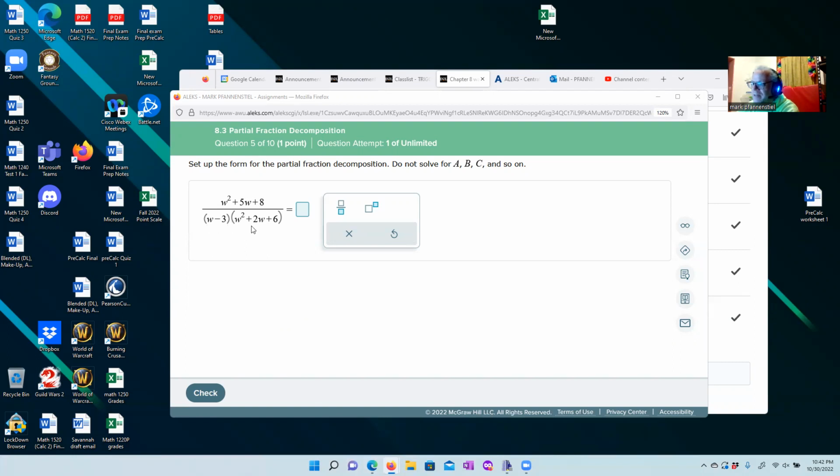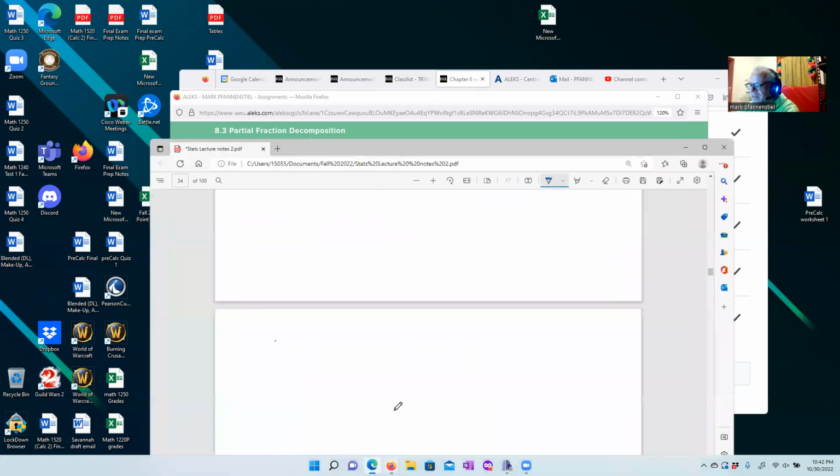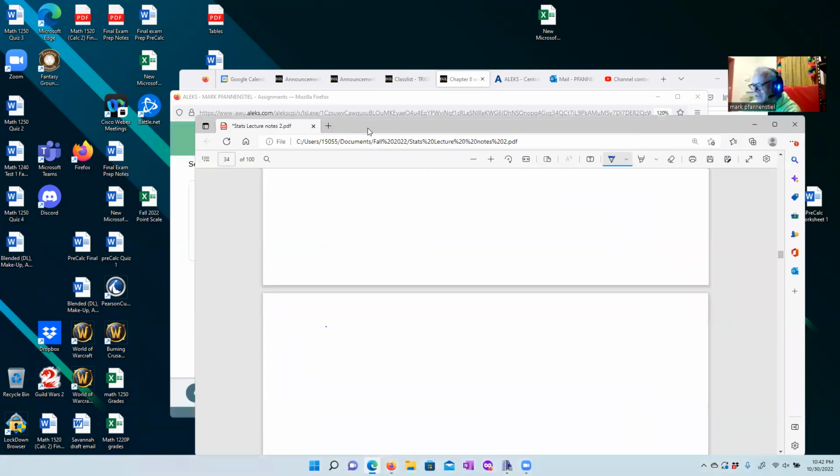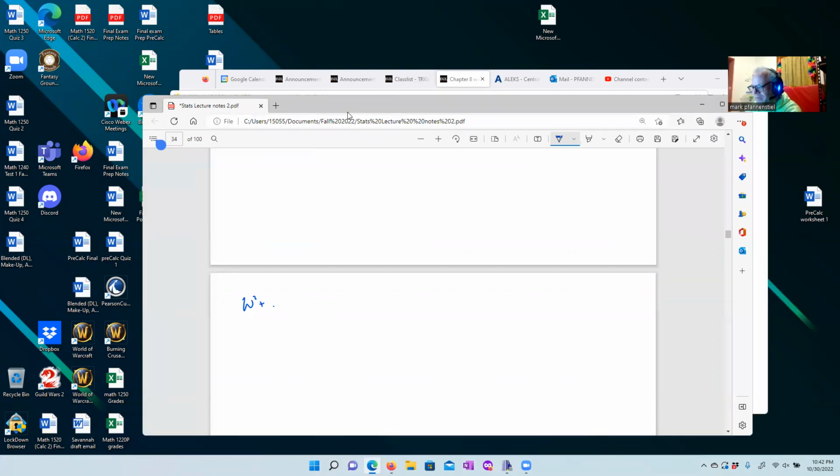And what I have is something that looks like an irreducible quadratic, right? There's w squared plus 2w plus 6. Can I factor this? It has a 1 in the a position, so it's not going to be that big of a deal. So w squared plus 2w plus 6. Is there anything that multiplies out to 6 but adds up to 2?